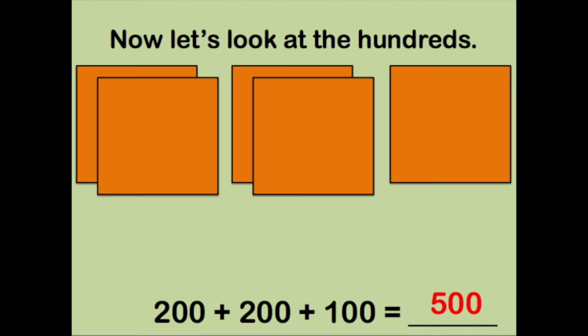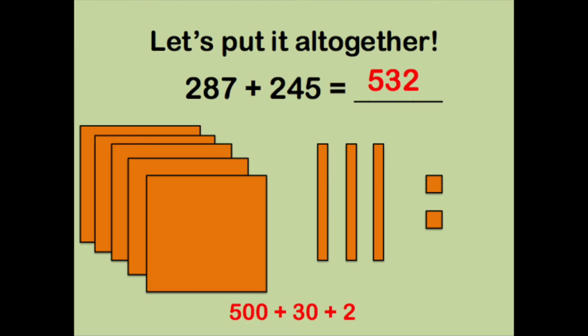Now let's look at the hundreds. Remember, we just regrouped 10 tens into one group of 100. So we have 200 plus 200 plus 100, and that equals 500. Now let's put it all together. Our original problem was 287 plus 245.